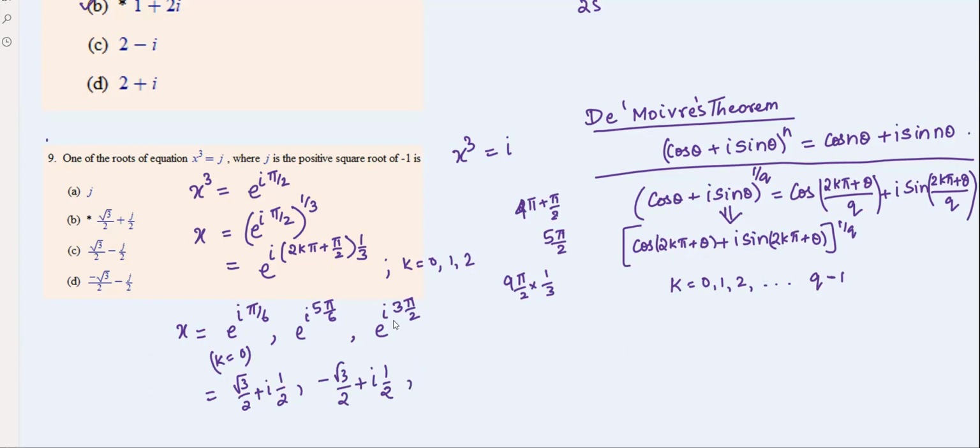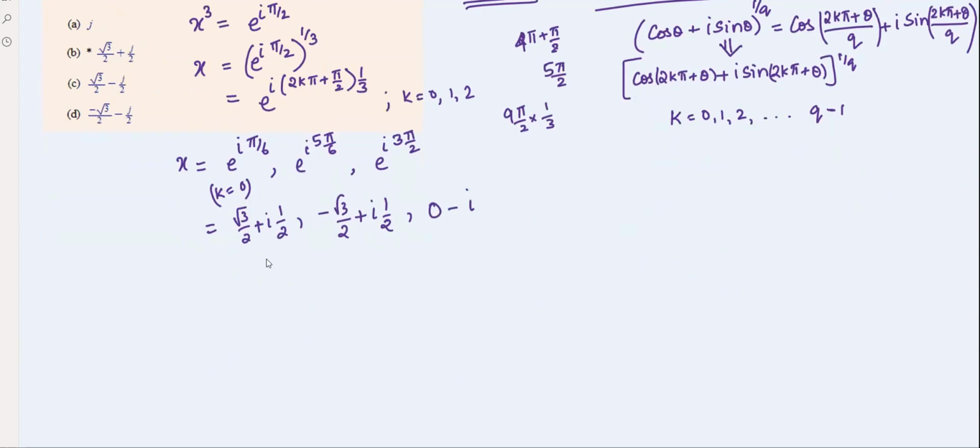Then cos 3 pi by 2 is 0 plus i sin 3 pi by 2, which is minus 1. So these are the three roots, the 3 cube roots of x cube equal to i. Of these, this root is given, this is not given, this is not given. So this is the answer. If minus i was there, that would have been the answer.